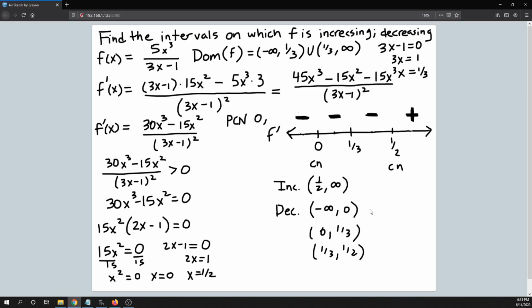You might also say, can I combine these? Because look, isn't it essentially decreasing from minus infinity all the way over here to 1/2? So you have to be, again, very careful about that. It's okay, in my opinion, to say it's decreasing from minus infinity to 1/3.